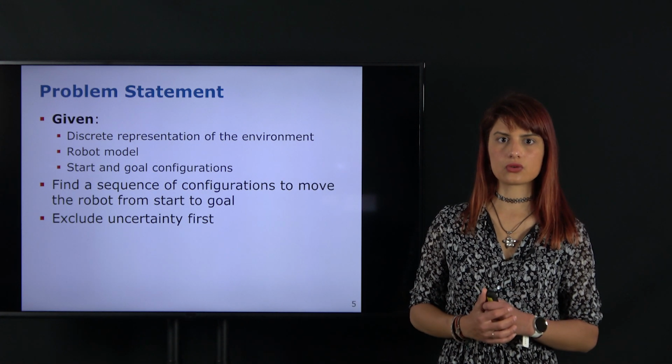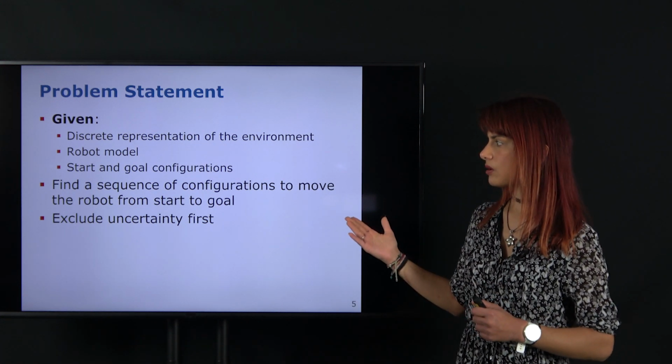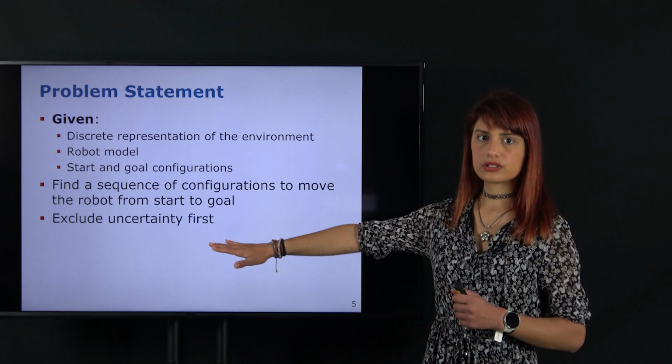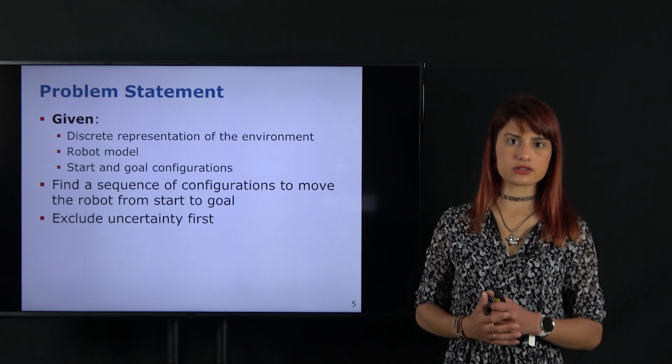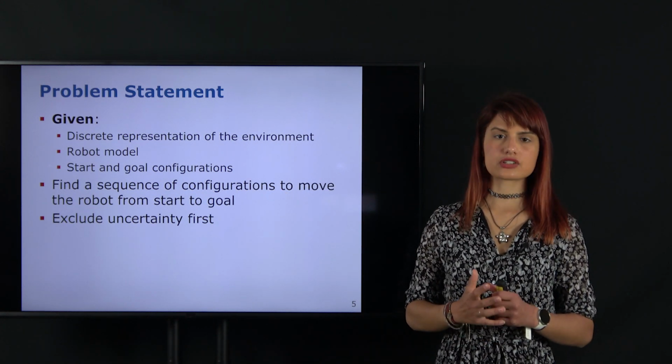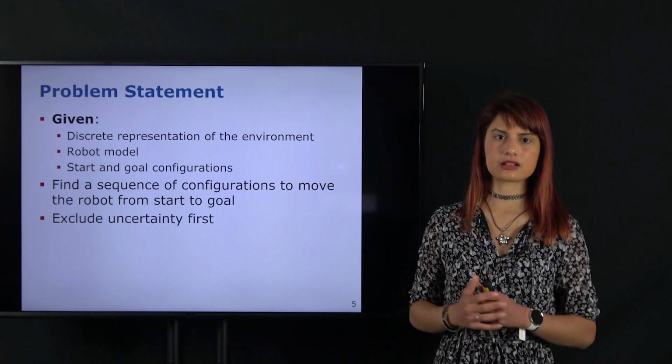It's important to note that when we solve the planning problem here, we will exclude possible sources of uncertainty, including the actuation uncertainty and the sensing uncertainty.